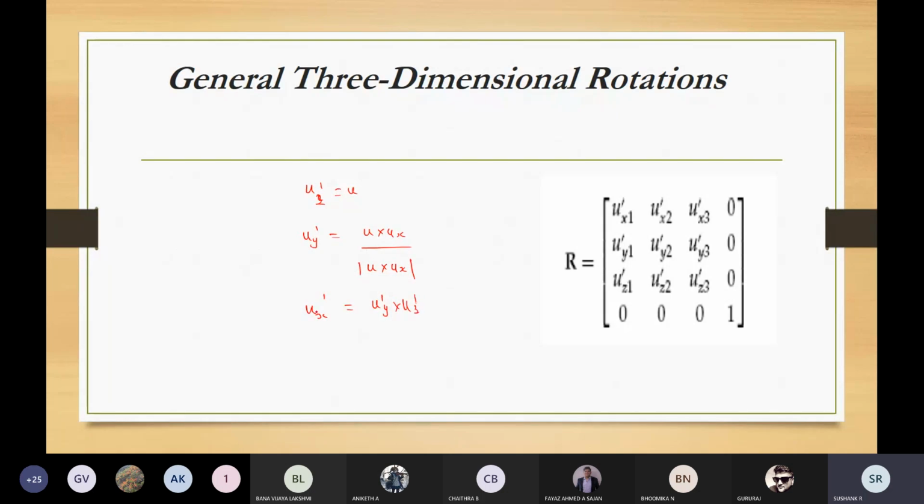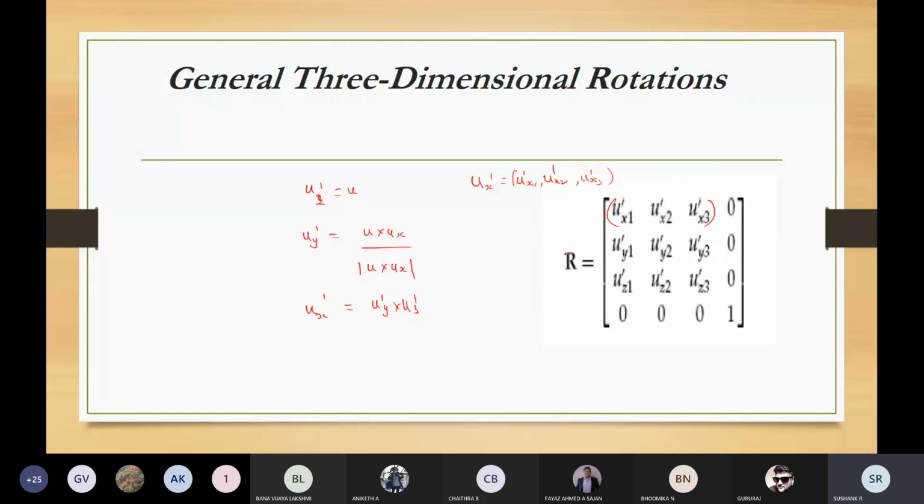If you represent ux dash as ux1 dash, ux2 dash, ux3 dash, that can be written in the composite matrix format.